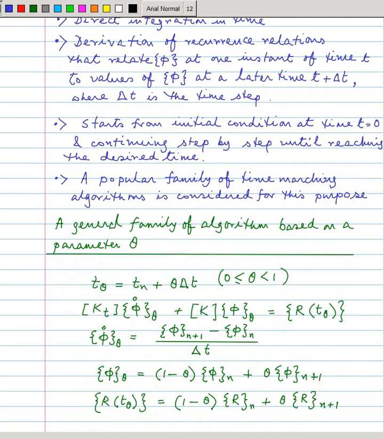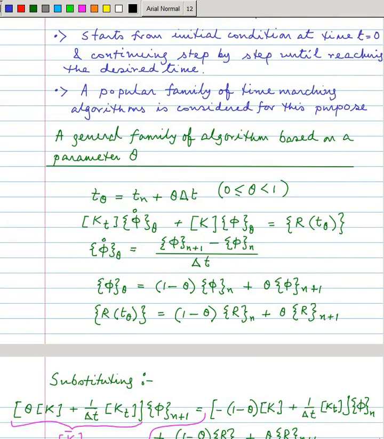So a popular family of time marching algorithms is considered for this purpose. So here is a family of finite difference methods which depend on a parameter theta. Based on a parameter theta, a family of algorithms can be developed where they write the time t theta as tn plus theta delta t, where theta is from 0 to 1.